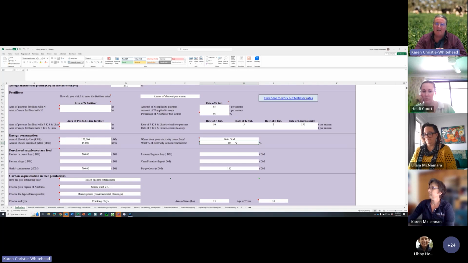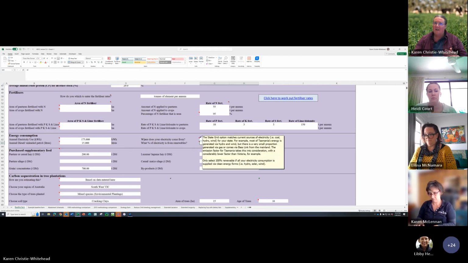So even though it's state grid, you're sourcing it from the grid, 50% of it is actually coming from a renewable source. Therefore, type in 50 in that cell that I'm currently in, and that will reduce how much emissions are associated with the grid source that's non-renewable.